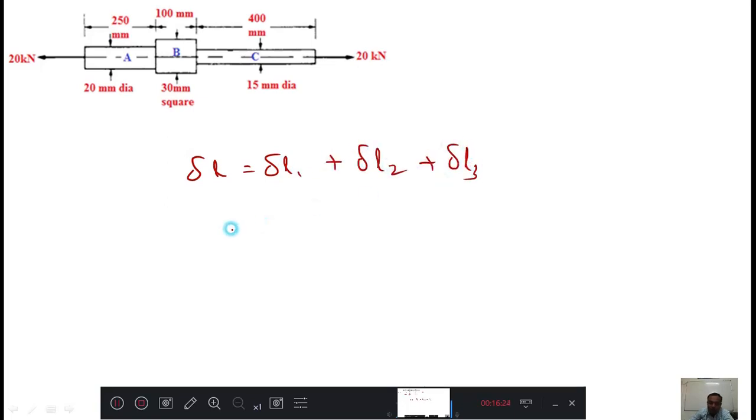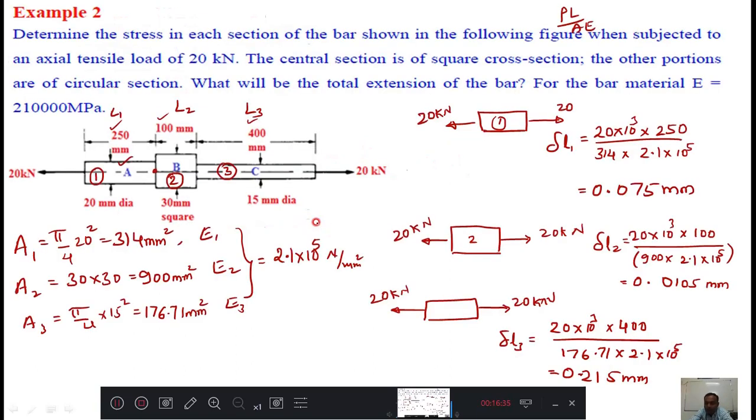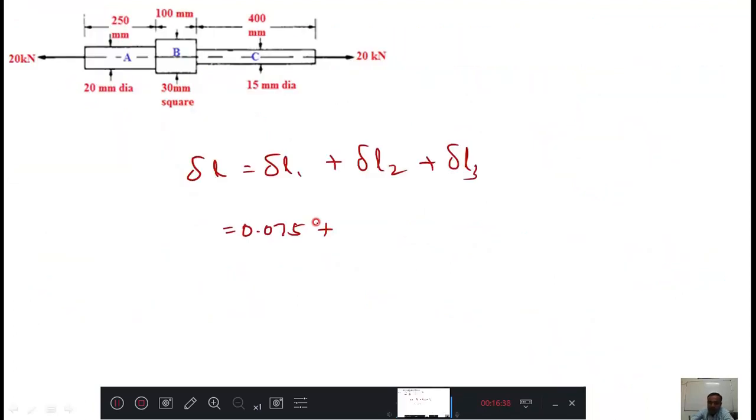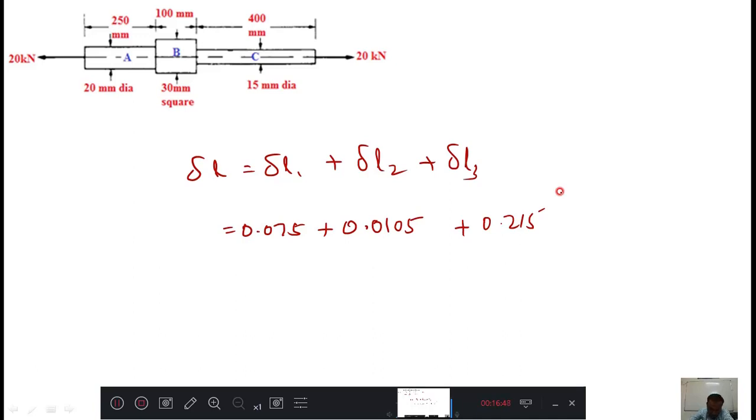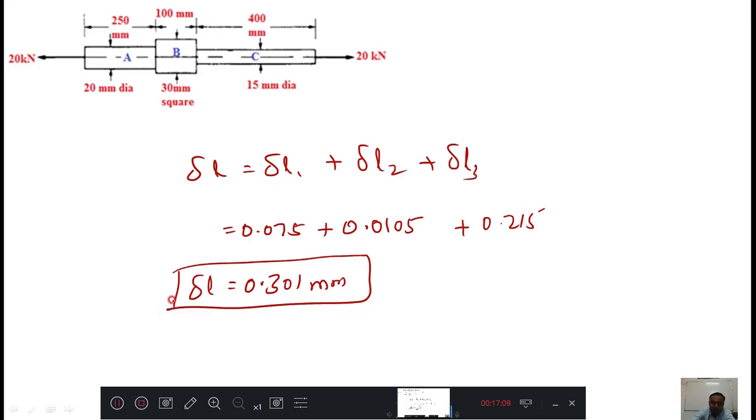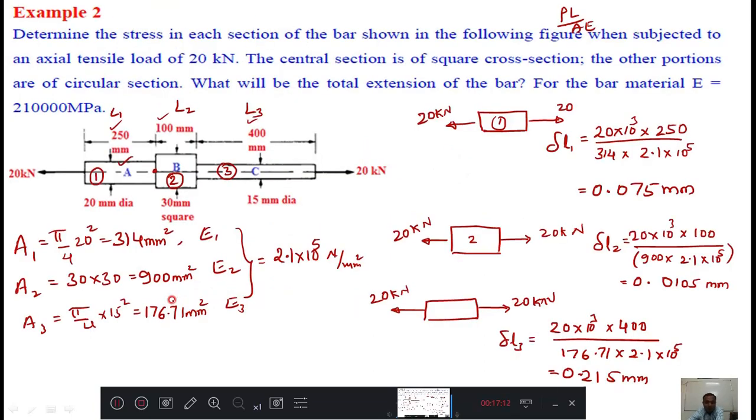Then all are in tension, therefore we will get total delta equal to delta L1 plus delta L2 plus delta L3, equal to 0.075 plus 0.0105 plus 0.215. Adding all of them, it is 0.301 mm, which is your delta L. See the question, what will be the total extension of the bar?